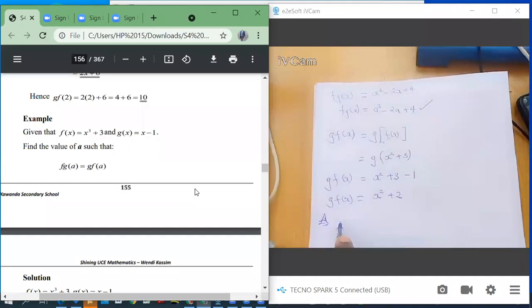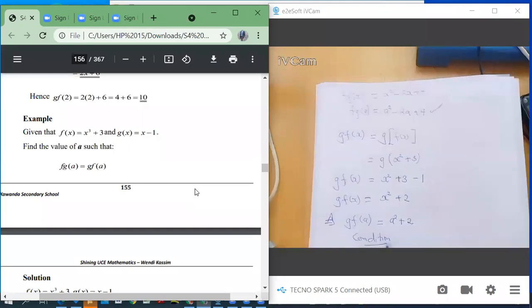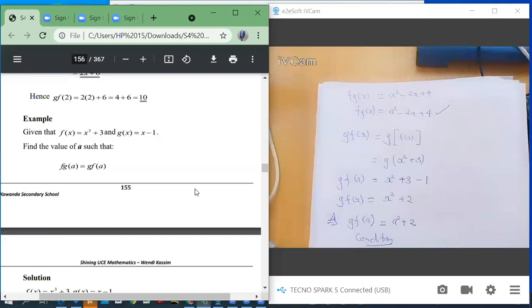Now let's find g f of a. When you substitute, we shall get a squared plus 2. But remember, what was the condition? The condition was f g of a must be equal to g f of a.